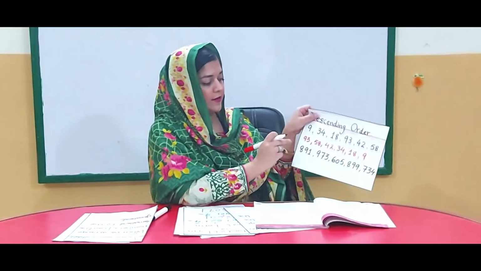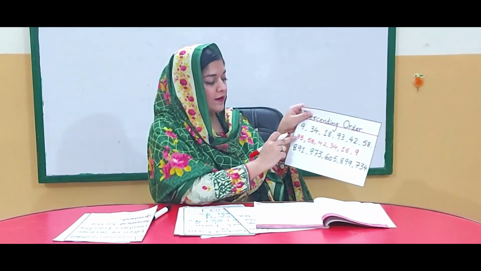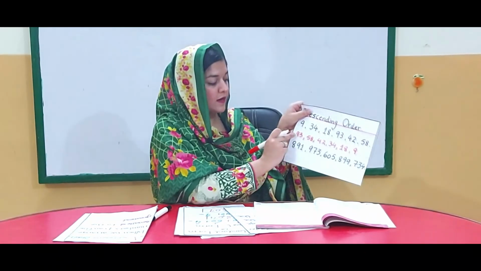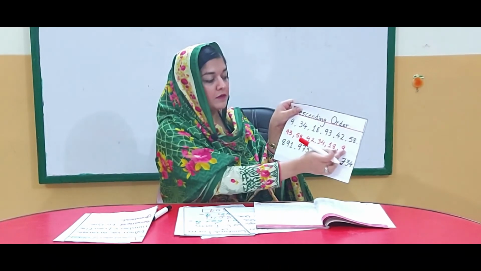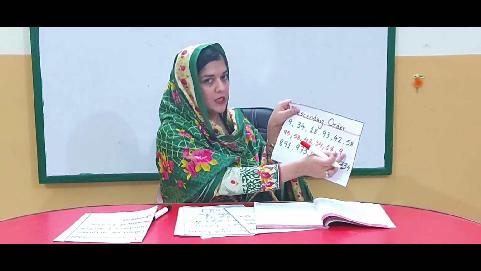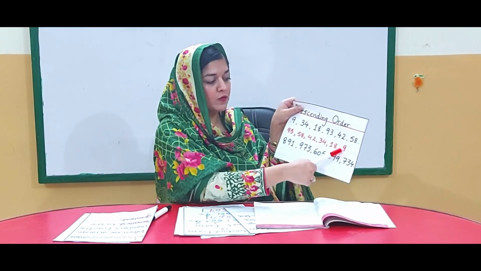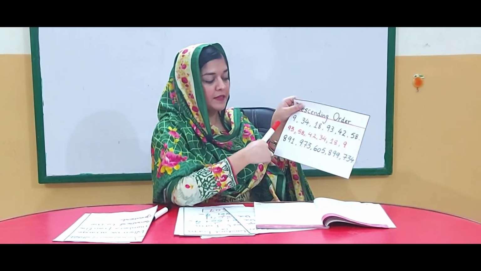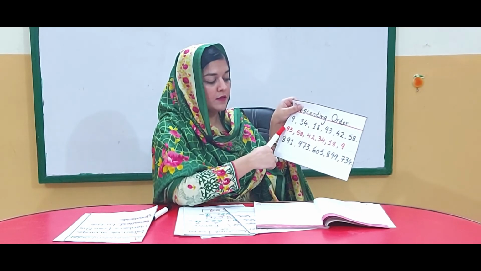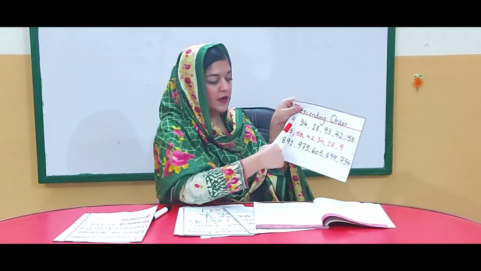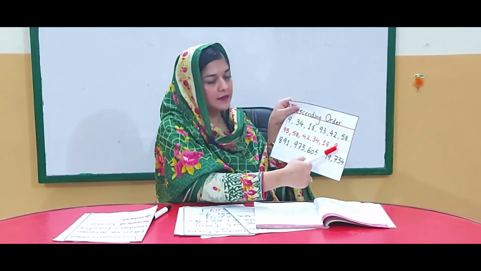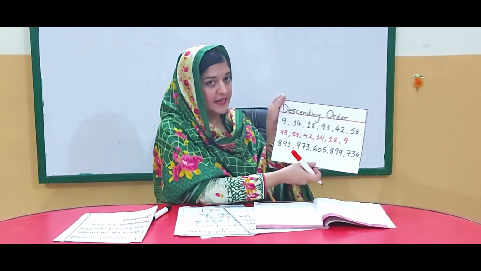So look at the series. Here we are moving from the higher to the lowest. In ascending order we move from lower to higher, but in this we are going from higher to lower numbers. Clear? These are descending orders.